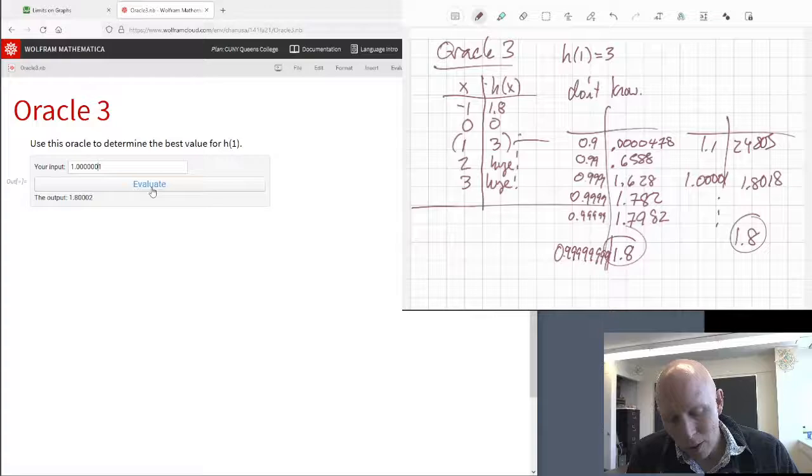So even though the function value gave us 3, this is a graph where the numbers are really tiny and then they get really big really fast. The function value is actually 3, but what the function should be looks like it's about 1.8.